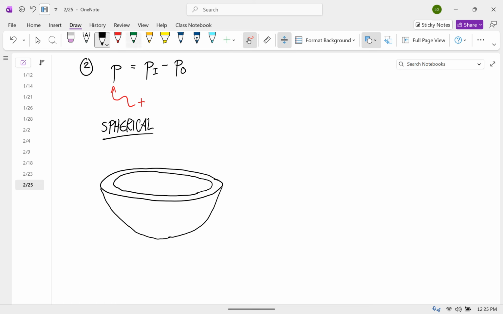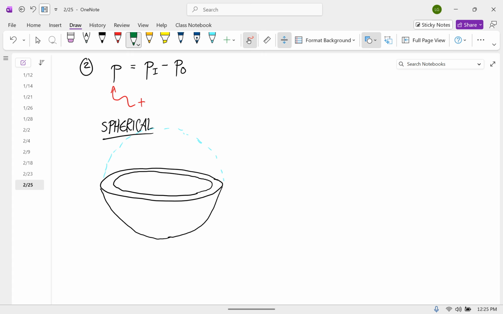So first of all, let me just draw a dotted line here. So we're only considering the bottom half of this thing, but this thing is in its pressurized state, and it's really an enclosed thing, right? But for us to understand what's going on, we're just going to consider the bottom half of it.